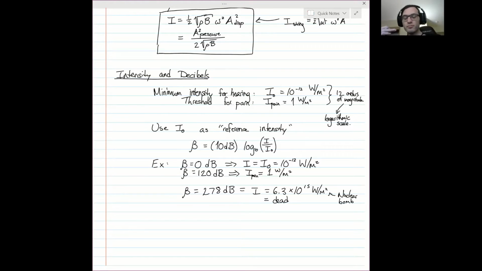So the point is even though we went up 120 decibels to go from quietest sound to pain, there's clearly a bigger difference between dead and pain than there is between pain and can barely hear it, right? So this is a logarithmic scale. And this says something about the way that we hear sounds. Let's say 40 decibels and 60 decibels, right?